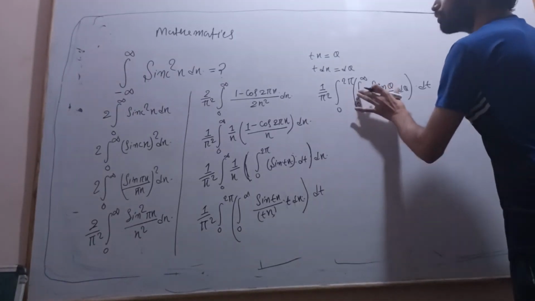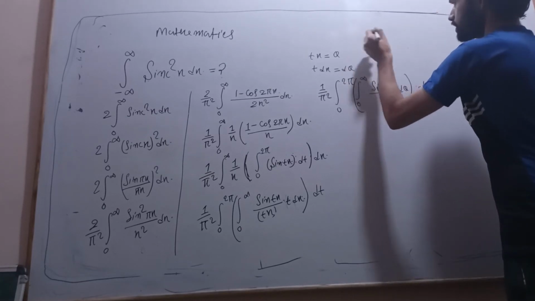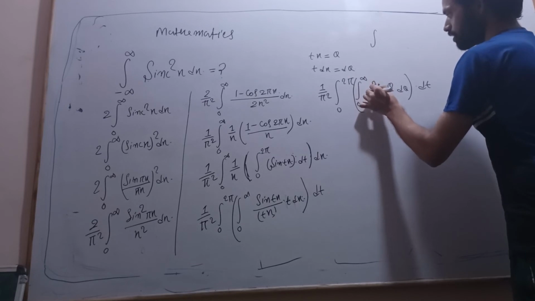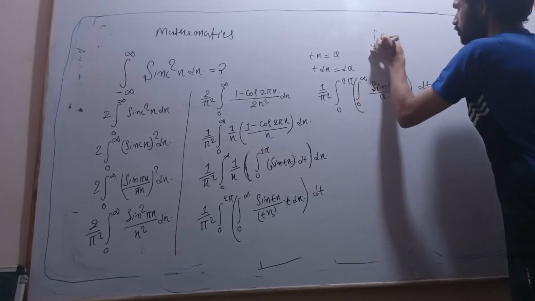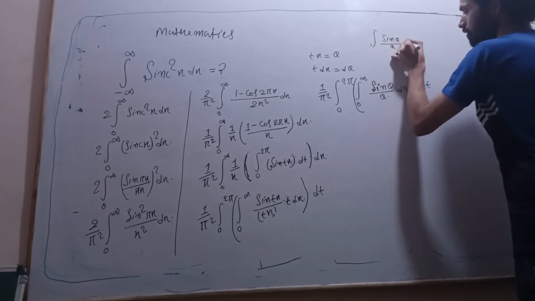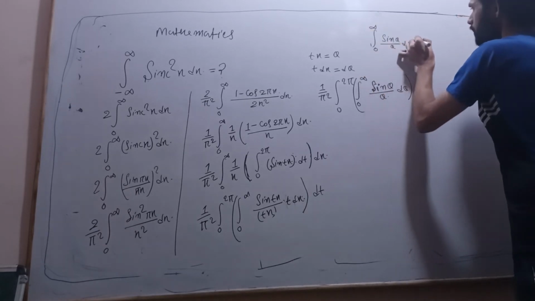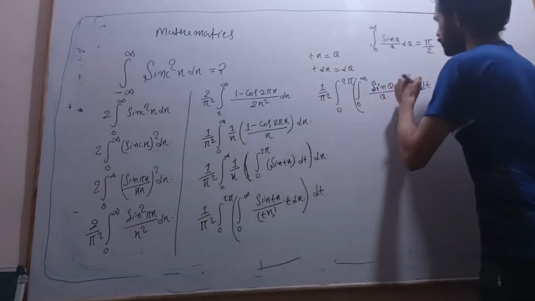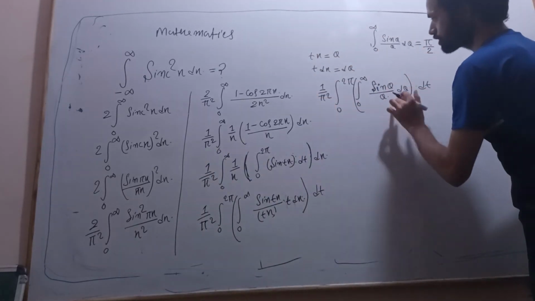This value we have proven: sin theta by theta d theta from 0 to infinity is pi by 2, that we have done in the first question. So this value is pi by 2.